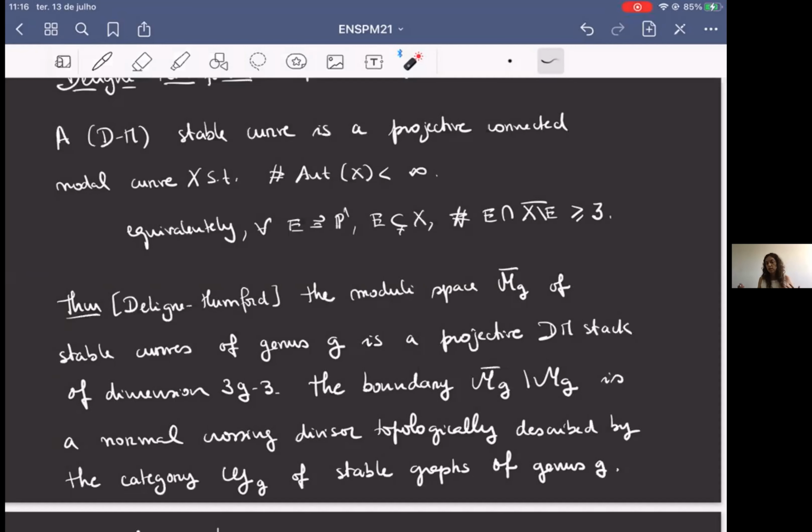And the theory is now developed in a way that you can also work in this situation. And this divisor is topologically described by a category that I will now introduce, which is the category of stable graphs of genus g. This is what gives us the possibility to describe the boundary complex that I talked about in the beginning.